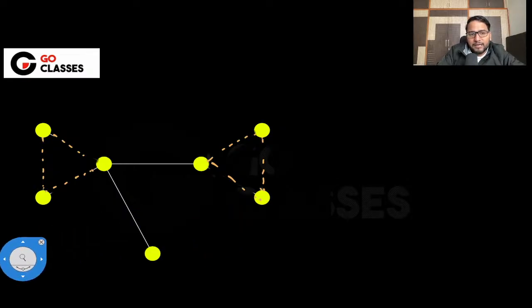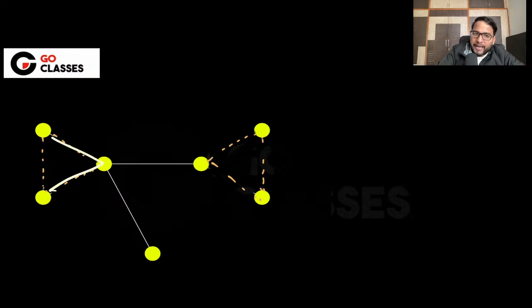In this triangle, how many edges do you need to take? Two edges. So in this triangle, you can take any two edges. You can take this and this, it will connect. You can take this and this and so on. So basically 3C2 ways, or three ways, to select two edges.